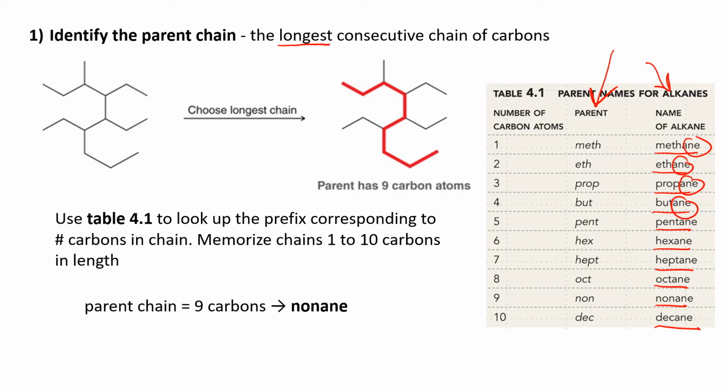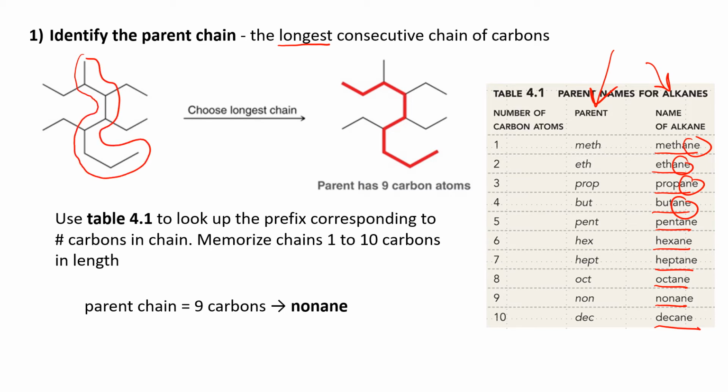So, if we look at our first example, we want to name the parent chain. We look for the longest consecutive chain of carbons. And you could try a lot of different options here. You don't always see it on the first shot. You might try, all right, here's 1, 2, 3, 4, 5, 6.